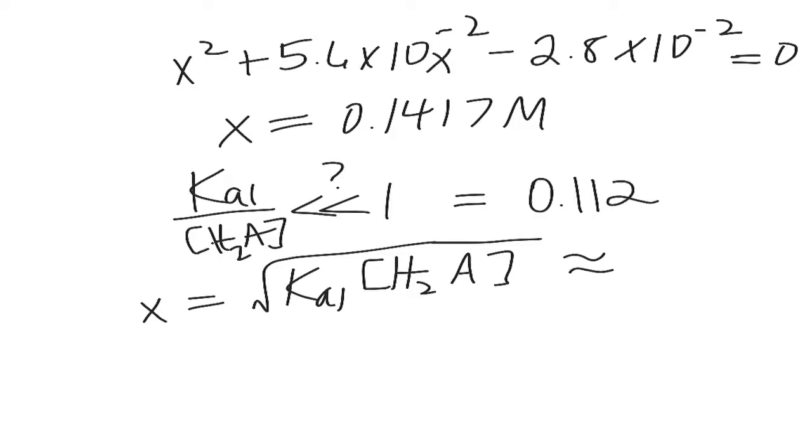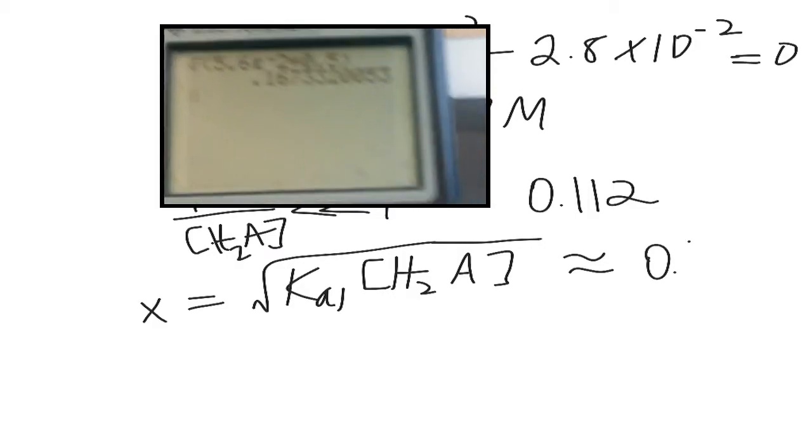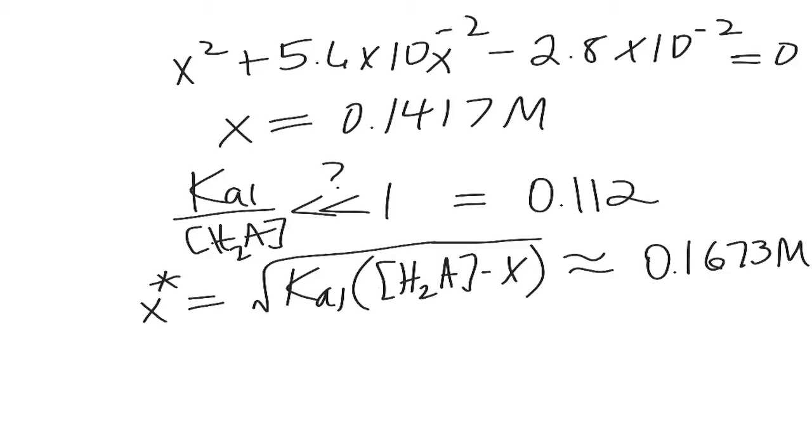However, we would get from just this .1673 molar concentration. If we modify this formula afterwards, what we would get is that the starting concentration minus the previous x gives us our converged x star.